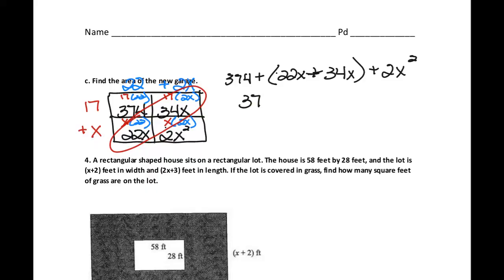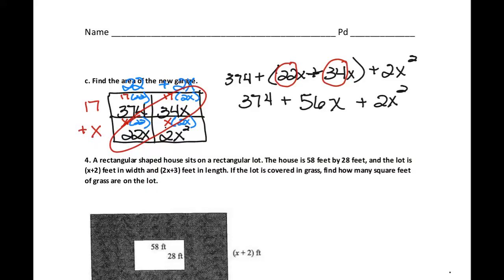So 374 stays the same. 22x plus 34x, you only add the coefficients, the numbers in front. 34 and 22 is 56x plus 2x squared. Is this in standard form? Is it going from greatest degree to smallest?